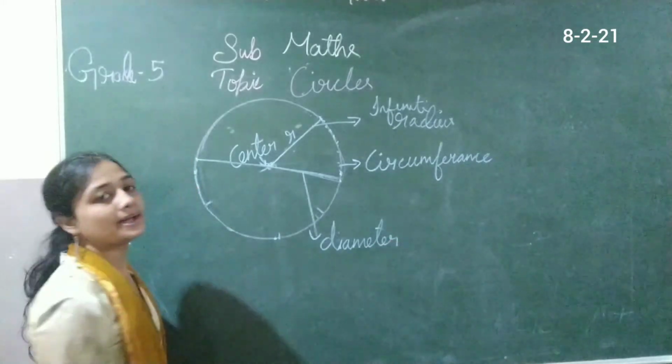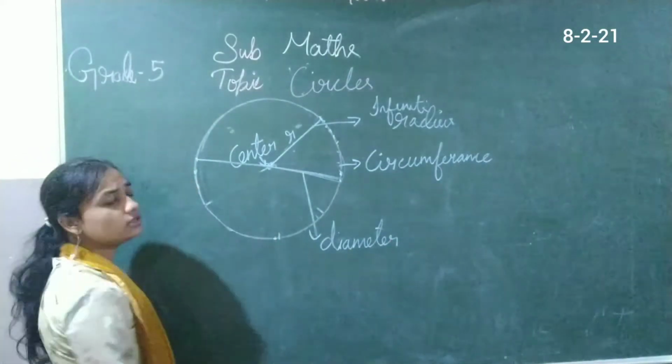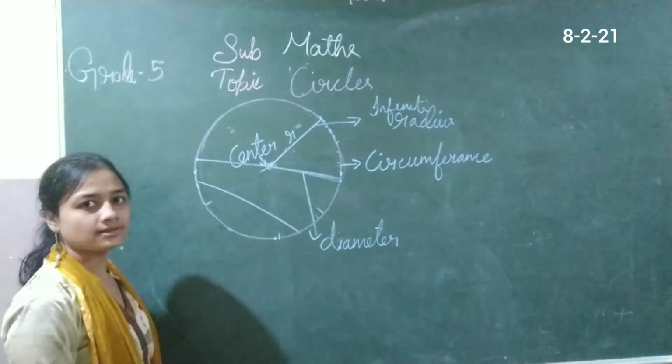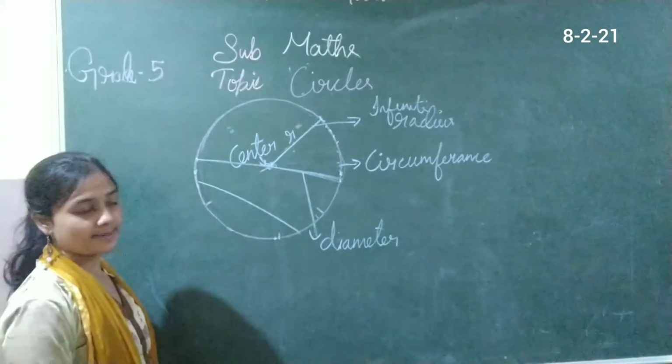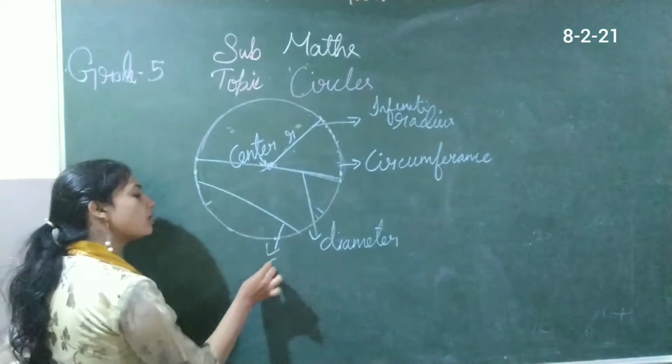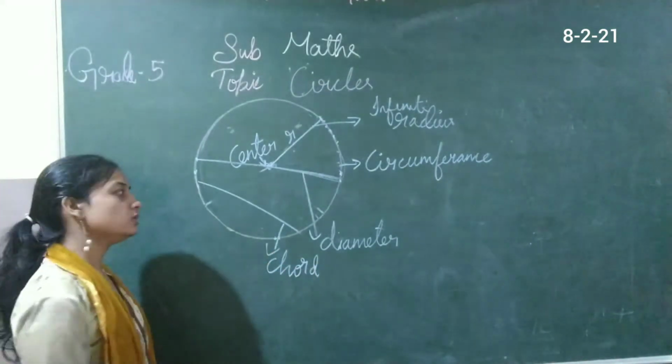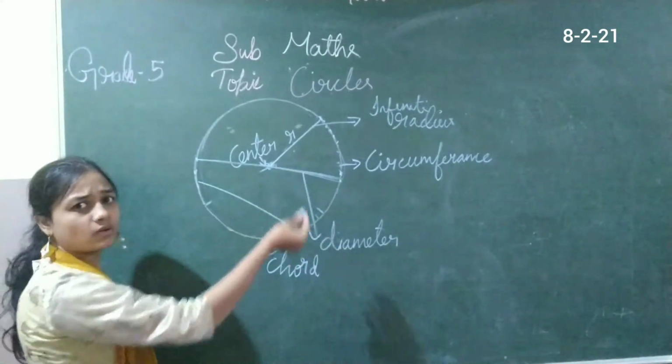This is called the diameter. This one doesn't pass through the center. If it is joining two points like this, then that also has a name. This is called a chord. So what is the difference between the diameter and the chord?